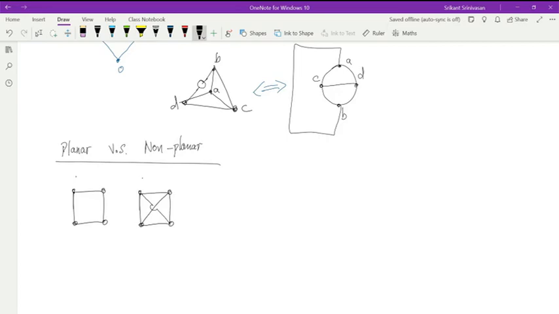So when you visually see that two branches are crisscrossing, then you have to question whether it's a planar network or not. But actually in this case, it can still be a planar network. The reason is I can remove this branch and just draw it from outside. Now is it a planar network?